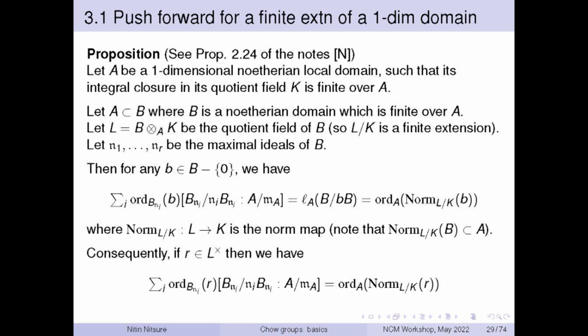This requirement is satisfied, as an exercise, by all localizations of finite type K algebras. First of all, finiteness of normalization is a very important thing in algebra and algebraic geometry. And there is a great tool which allows us to easily prove it for finite type K algebras or their localizations, and that's Noether normalization. So you have to use Noether normalization skillfully and show that, yes, the normalization is indeed finite.